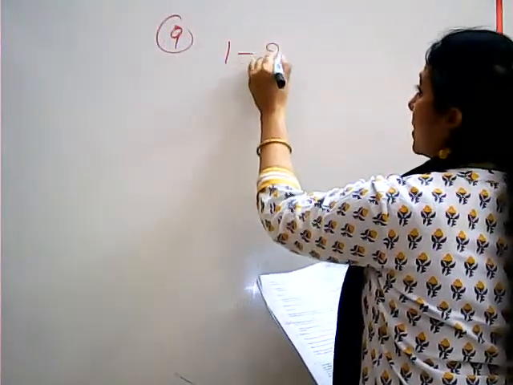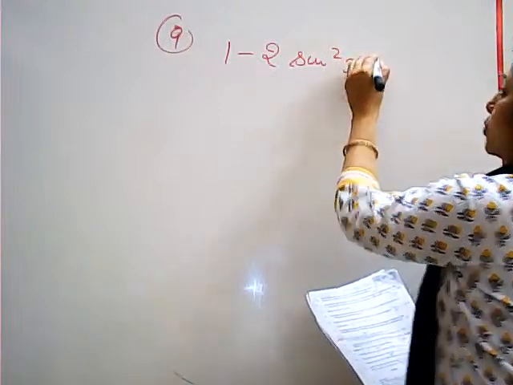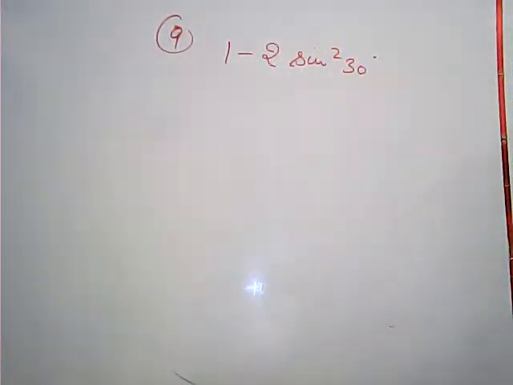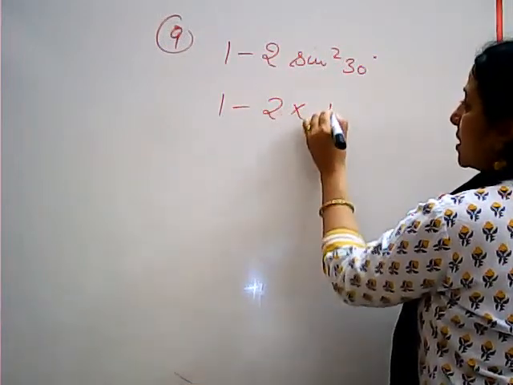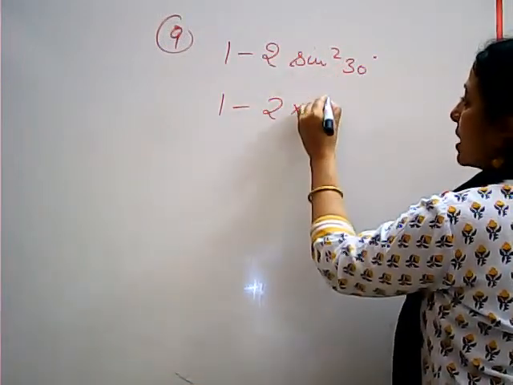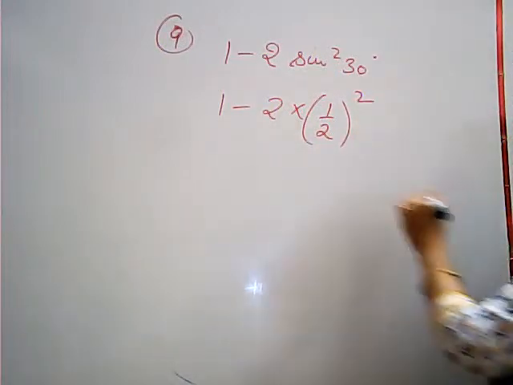You have to find the value of 1 minus 2 sin square 30. So what is the mistake generally in this type of question? Everybody knows the value of sin 30 is 1 over 2, but this 2 is there, and you have to put the whole square. This is your mistake in this question if you have done this.